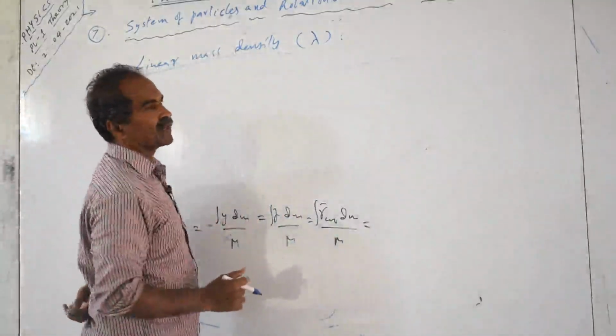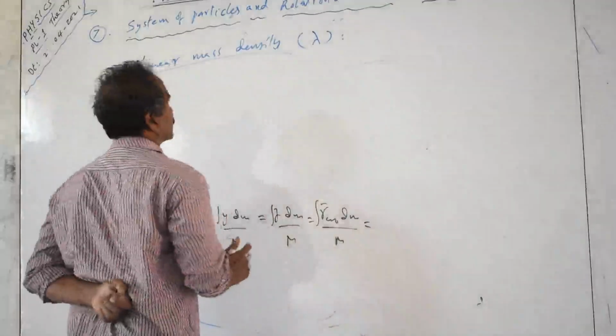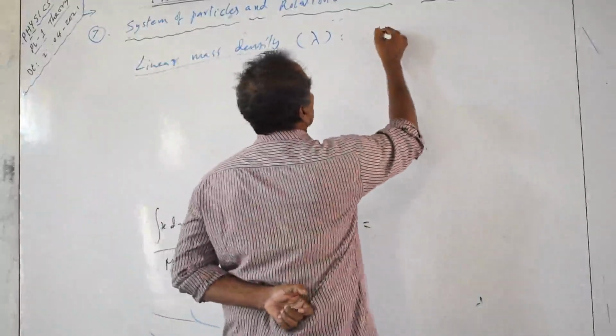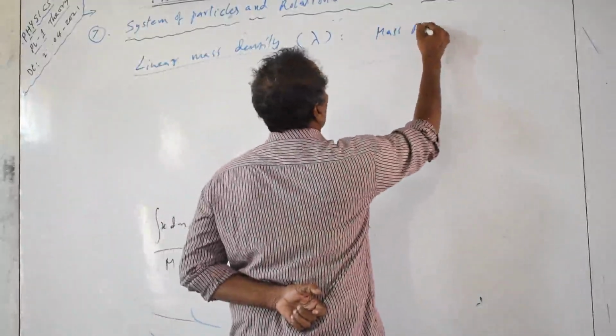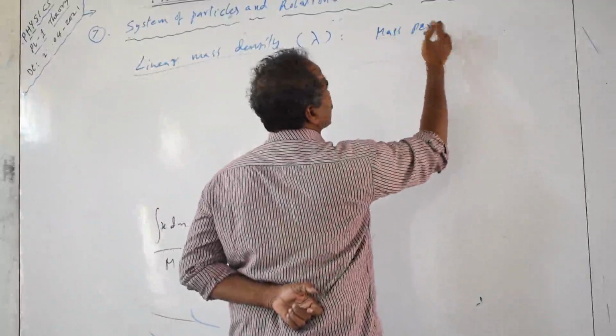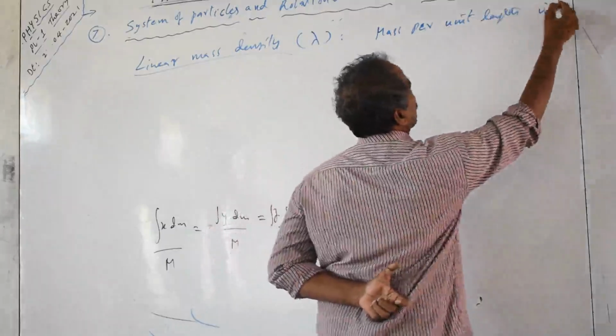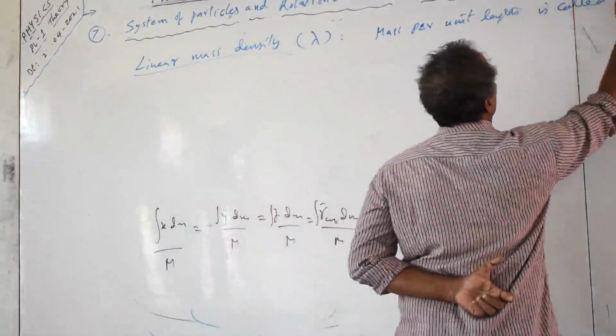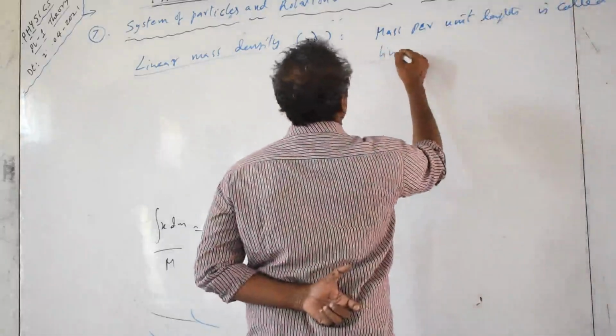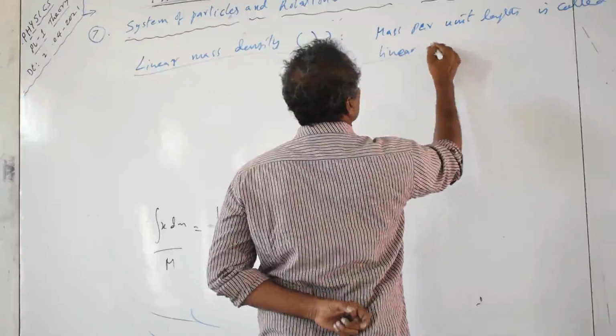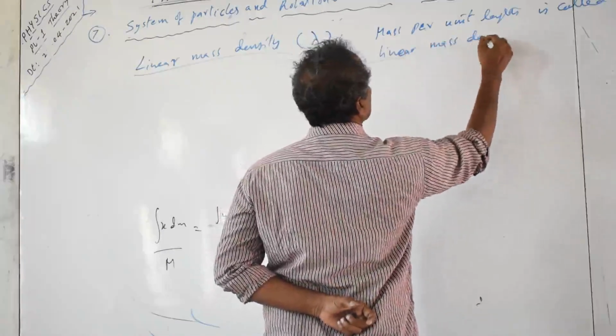It's nothing but the ratio of the mass and length. Mass per unit length, per means divided by, per unit length is called linear density or linear mass density.